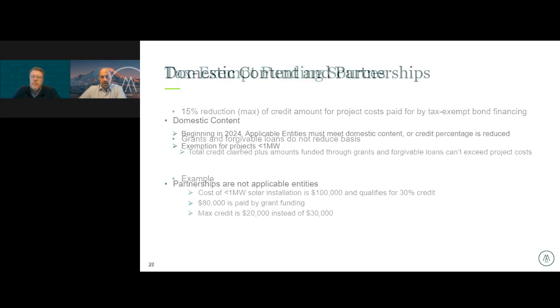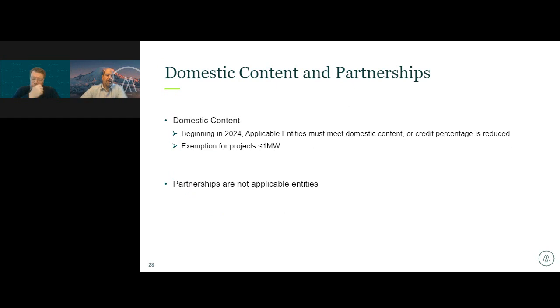And the next thing, and this was a question that actually came up in the chat, is that beginning in 2024, applicable entities, so if you're a tax-exempt entity or a tribe or an instrumentality of the state, you do have to meet domestic content percentages or requirements, or you will have a reduction in the credit percentage.